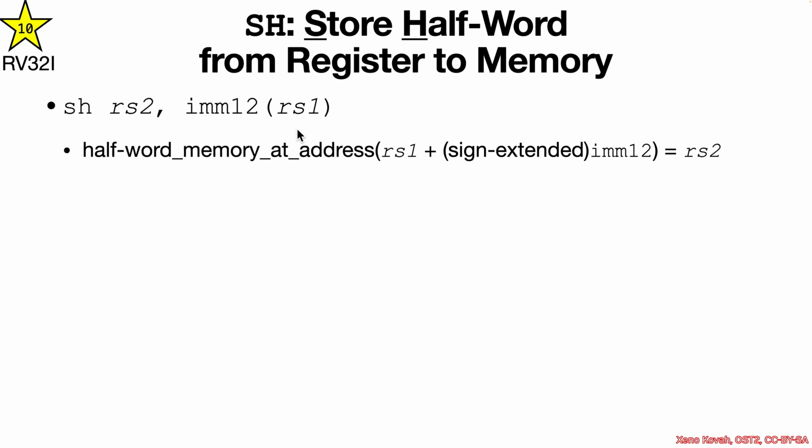So this is going to be a store, which stores from left to right. We've got a calculation of a memory address, and that is the parentheses saying memory address, and it is rs1 address plus sign extended immediate 12. That is the memory address where we shall store the half-word sized lower 16 bits from rs2.